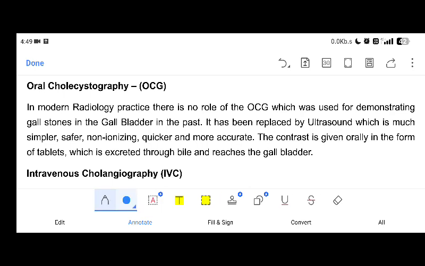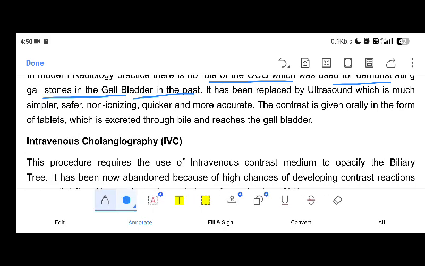Radiological investigation of the biliary tract includes oral cholecystography. In modern radiology practice, there is no role of oral cholecystography, which was used in demonstrating gallstones in the gallbladder in the past. पहले इसका यूज होता था, अभी यूज नहीं होता है. गॉल ब्लैडर की स्टोन्स को देखने के लिए करते थे. And it has been replaced by ultrasound, which is much simpler, safer, non-ionizing, quicker and more accurate.